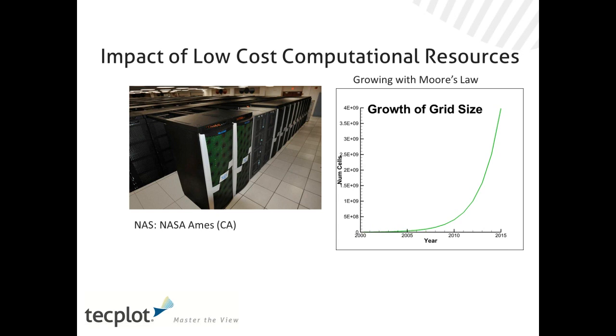As a result, we now have an enormous computing capability, and people can run very large cases. Doesn't mean, as we saw in the poll, that everybody is running 1 billion cells, but there are a lot of organizations that have done that at least occasionally. And so the net result is we're getting a general increase in the number of cells that people are running on their CFD cases.